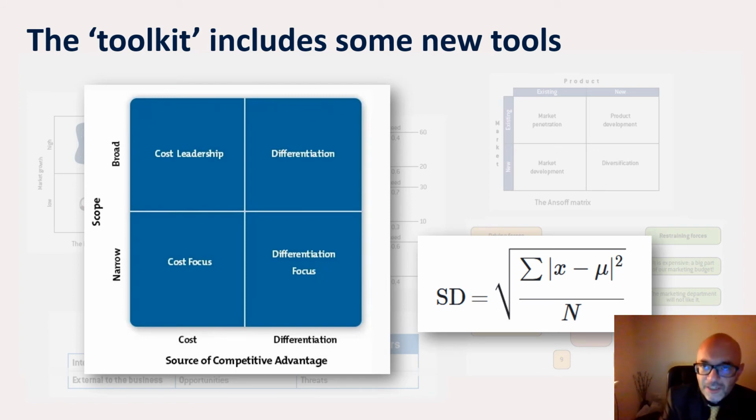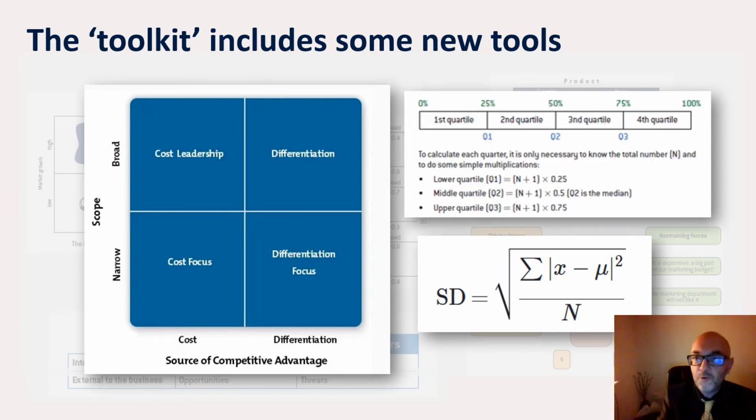I added the formula here. Our students must be able to calculate and interpret quartiles as well. What does it mean for a firm to be in the upper quartile in their industry? For example, when considering our competitors. So we have new elements of business mathematics, and I wanted to draw your attention to this, although there are very few of them.